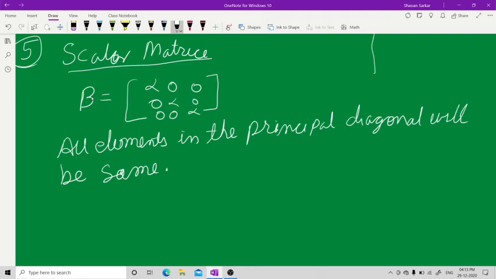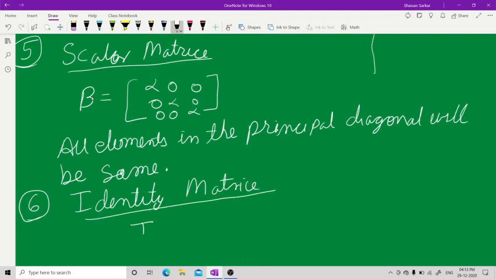Now sixth, the identity matrix. The identity matrix is denoted by I, and you can write it in a common bracket form also.